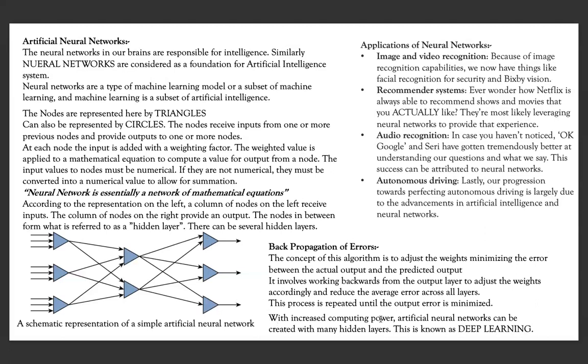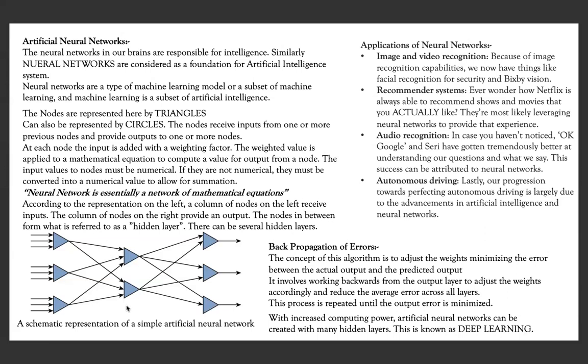With increased computing power, artificial neural networks can be created with many hidden layers. This is known as deep learning. So basically, the in-between layers: right now in this diagram we see one, but there could be 7 hidden layers, and if we are adding more and more layers, that contributes to deep learning. Obviously, in the past it could not have been that easily achievable because processing power was limited.